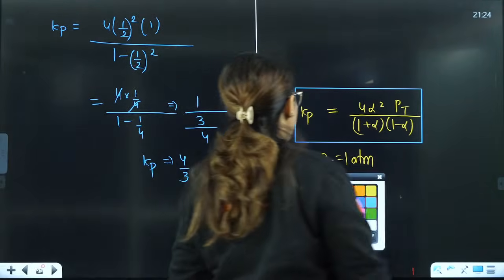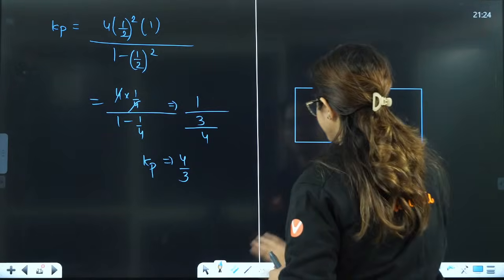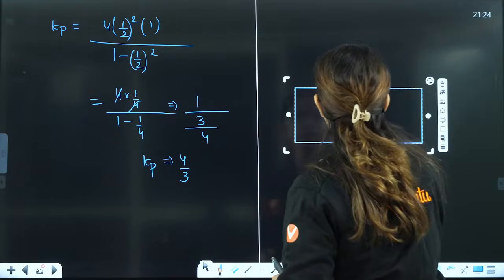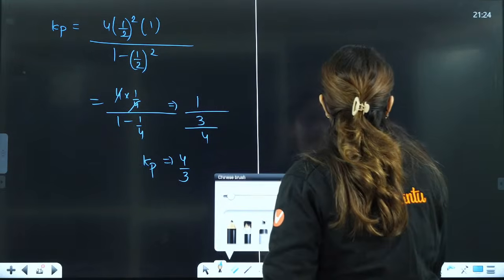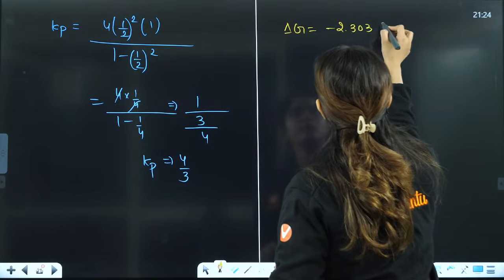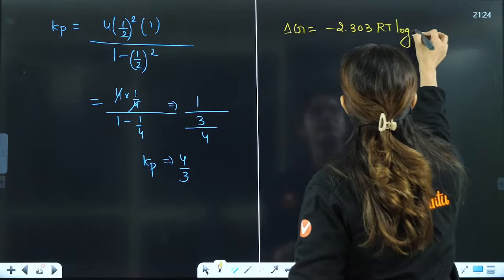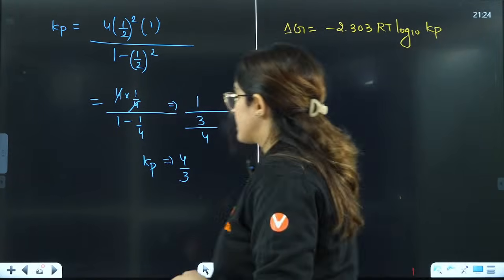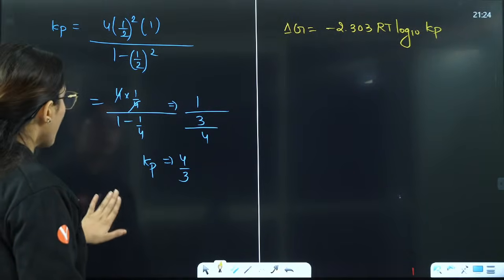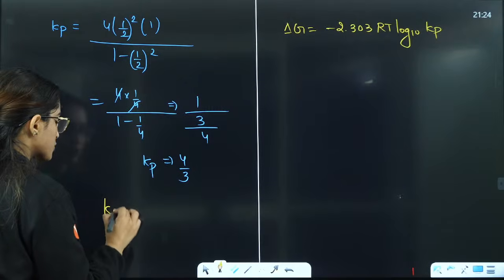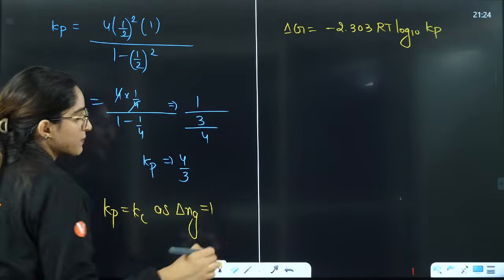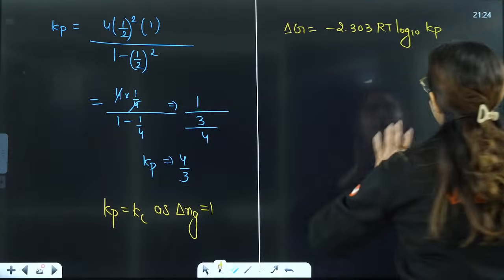So once you know the value of Kp, just put it into the formula of delta G. What is the formula of delta G? Delta G is equals to minus 2.303 RT log base 10 Kp. Also remember one thing: as delta Ng is equals to 1, Kp is equals to Kc. So you can put the value of Kp here.